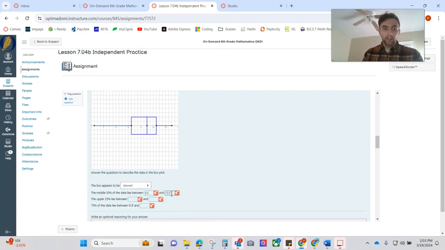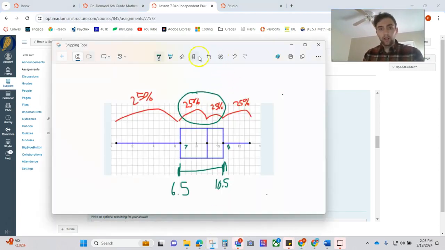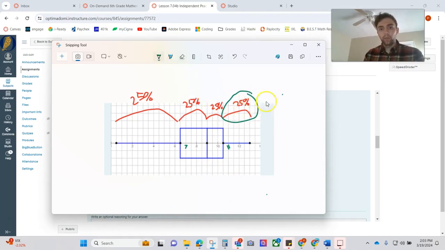The upper 25% lies between what and what? So we want this upper 25%. What 2 points does the upper 25% lie between? I think this is 10.5. And here it's 12.